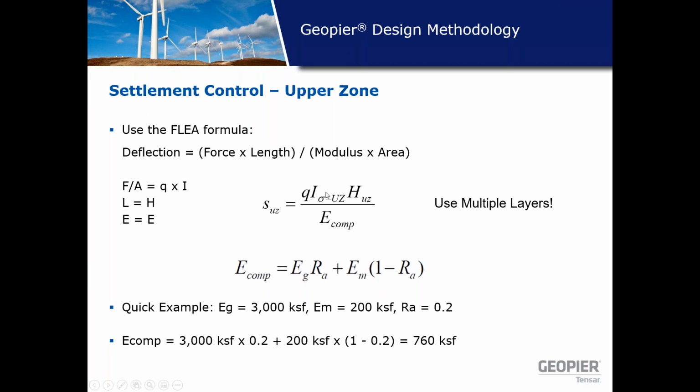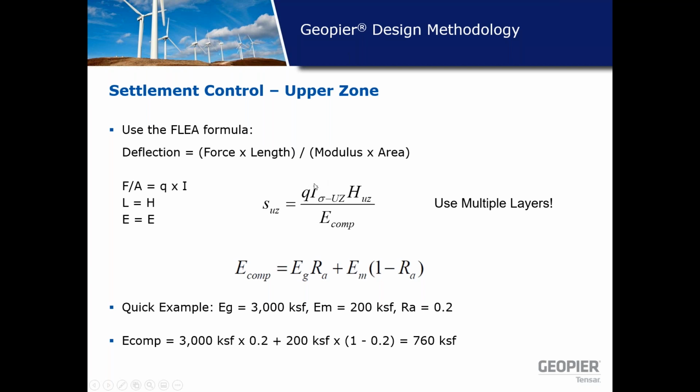So in the case of settlement of the upper zone, the force divided by the area in this equation is the same as the applied pressure times some sort of influence factor, right? So for foundation design, you would consider some sort of Boussinesq stress distribution or Westergaard.